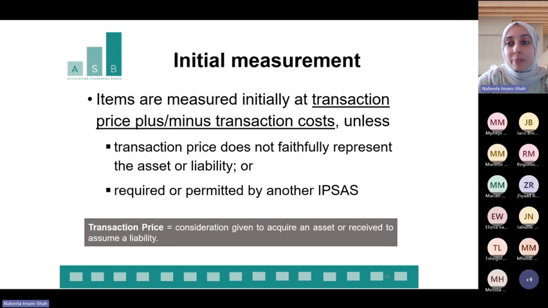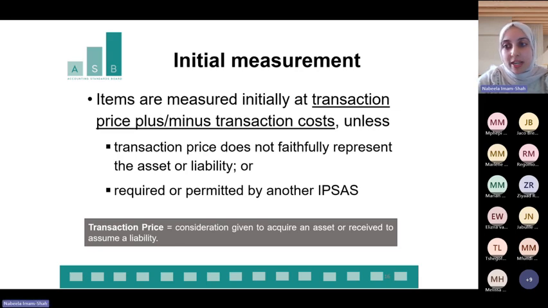IPSAS 46 sets the principles on initial measurement, and then other IPSAS will guide on what the transaction price is at initial measurement. For example, an IPSAS refers to costs unless it is a non-exchange transaction. Then if it's a non-exchange transaction, entities then use deemed cost.